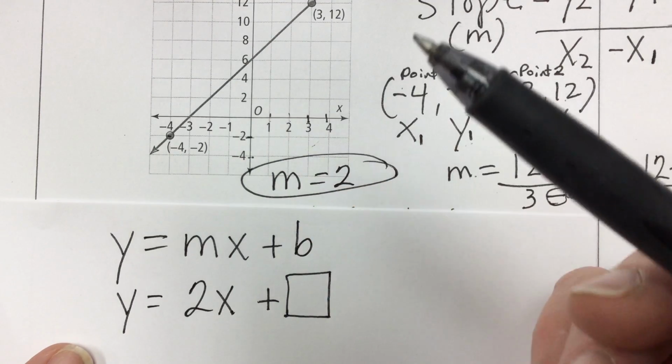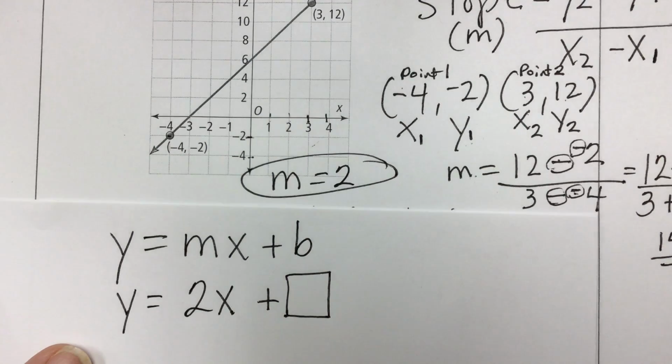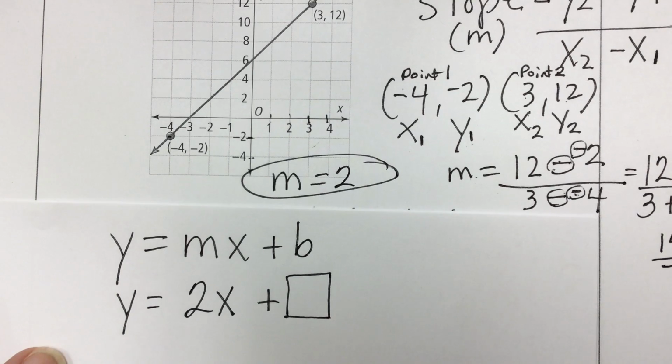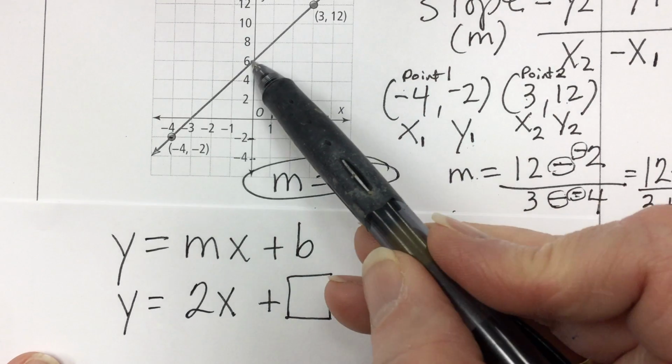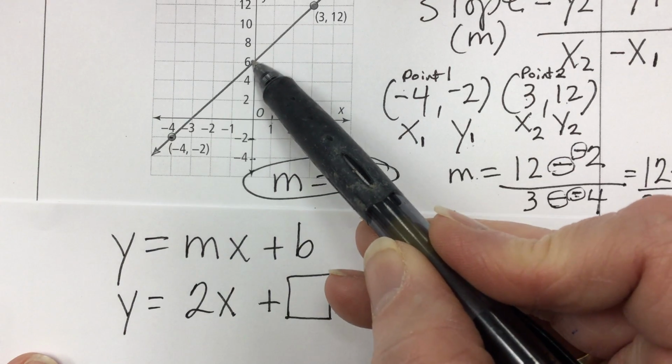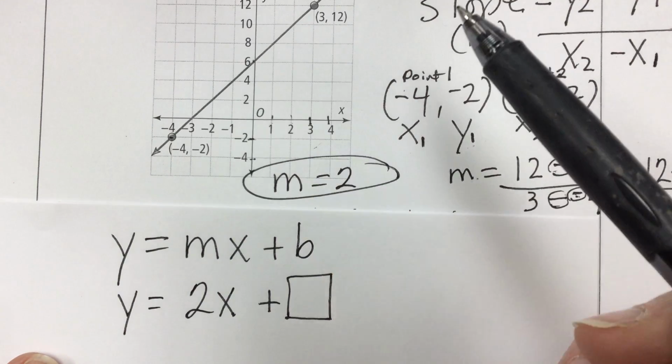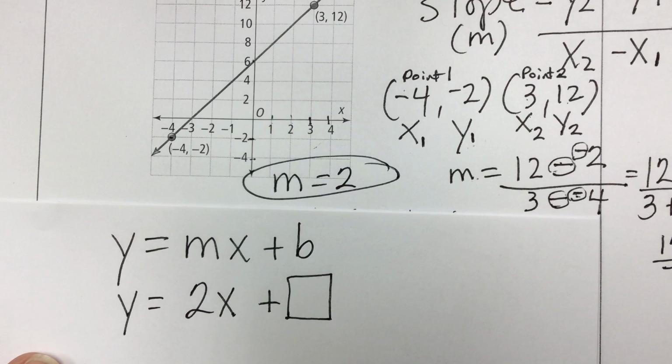But to clarify this, I want us to work this problem out algebraically and determine the y-intercept, because you may have a line that doesn't pass perfectly through an exact point. So in order to find a fractional y-intercept, you would need to solve algebraically for b.